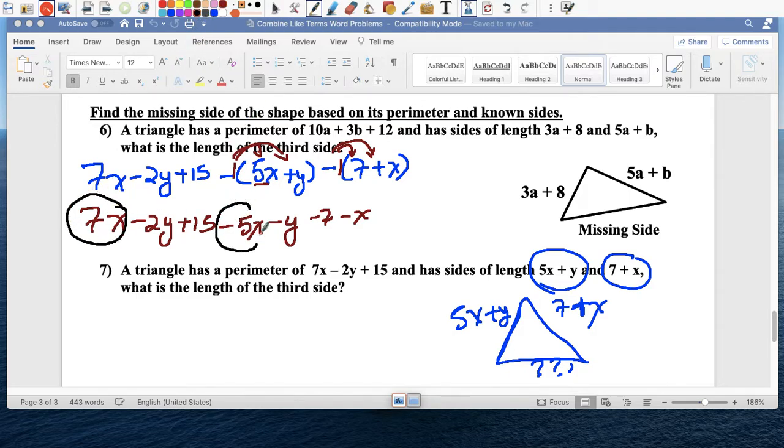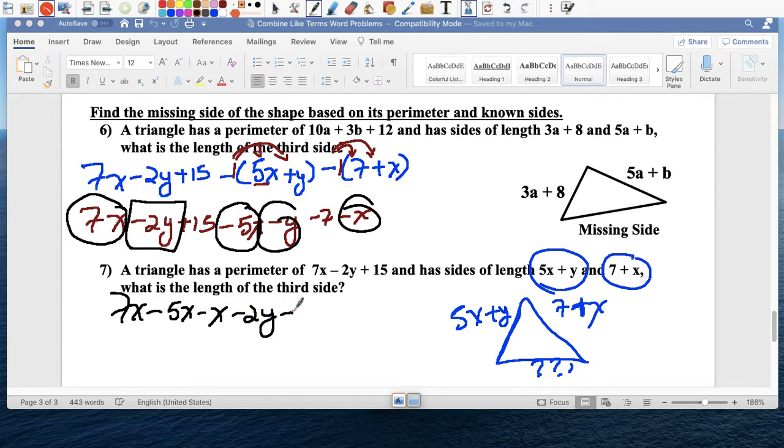7x minus 5x minus x, they all should be side by side. Negative 2y minus y should be side by side. And then last one, the plus 15 and minus 7, side by side. 7x minus 5x, and then if you'd like, you can put a 1 there.